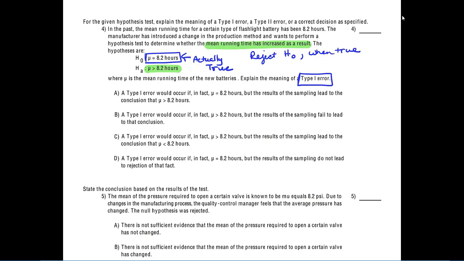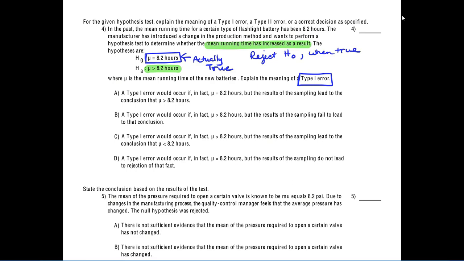It's not something that you have to write. You will only see really the stuff about a type 1 and a type 2 error in 10.1. In a question later on in 10.2 and 10.3, they might say what would happen if you had a type 1 error or a type 2 error. But this is the main section that you'll see it in.